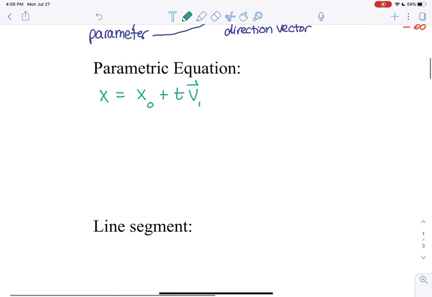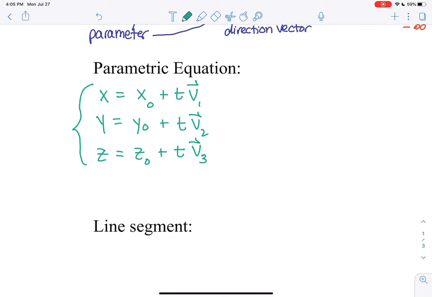Then y is the original y coordinate plus your parameter again times the second component of your direction vector, and z is equal to the original z point plus your parameter times the third component of your direction vector. We can group those together.